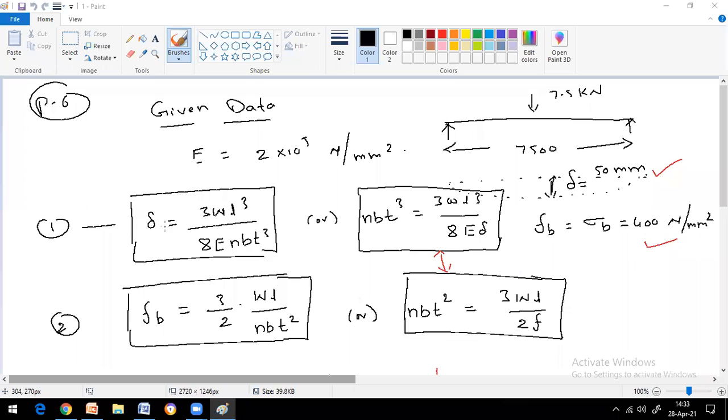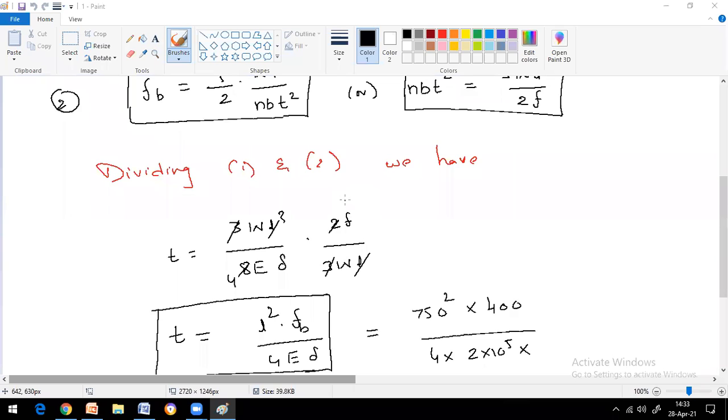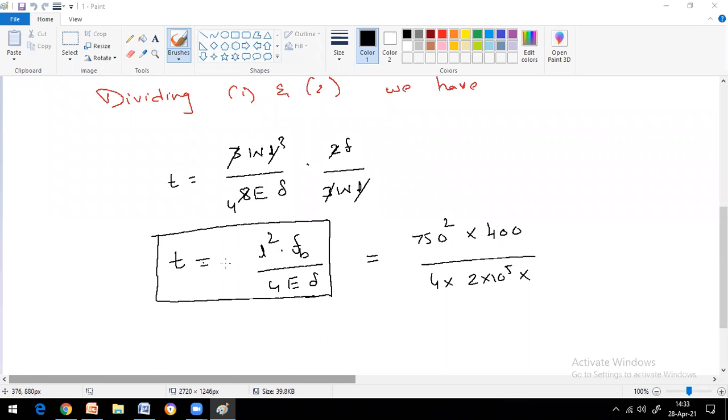One is the deflection formula, which can be written like this, and the second is the bending stress formula, which can be written like this. With these two equations, dividing 1 and 2, we can calculate the thickness. Finally, the thickness can be written as T is equal to L square into FB by 4E delta.